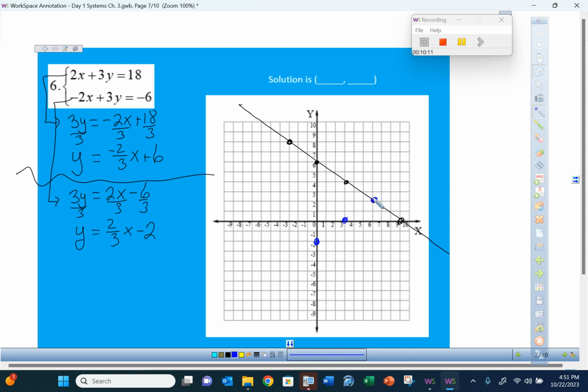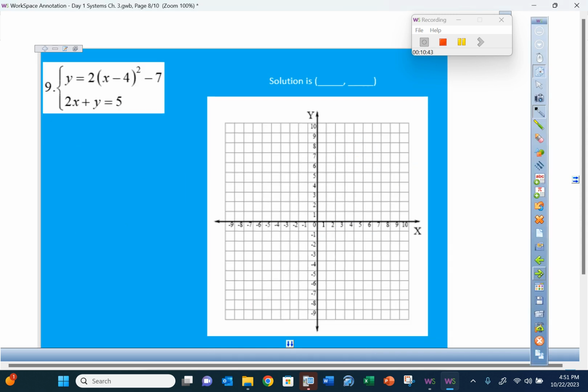So there's going to be my answer. We'll graph it because that's the definition of systems here. And it looks like this answer, I'm having to go to the right 6 and up 2. And guys, the reason they're in parentheses, they're an ordered pair.